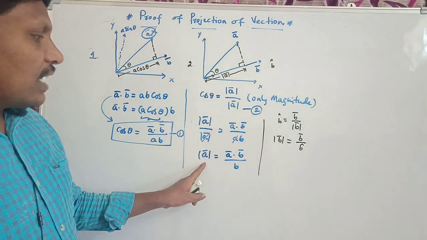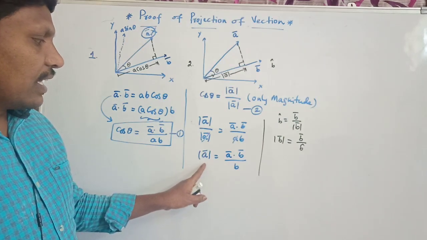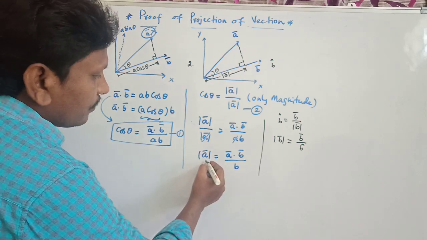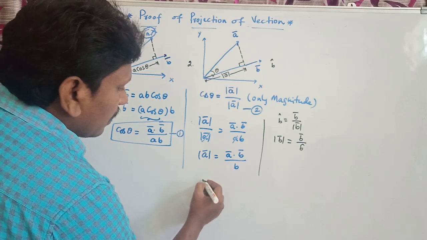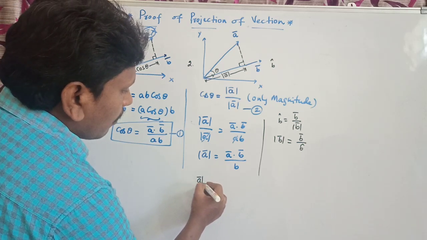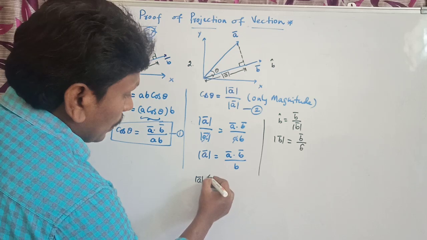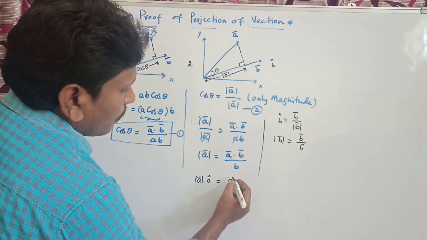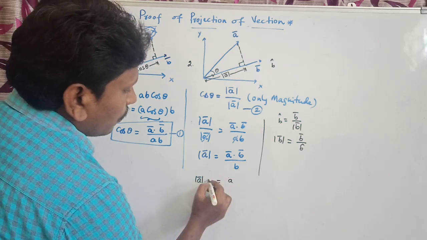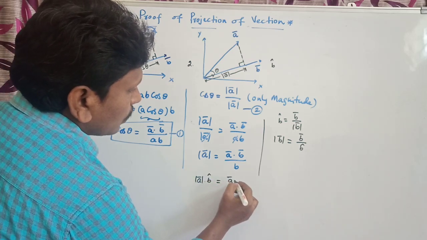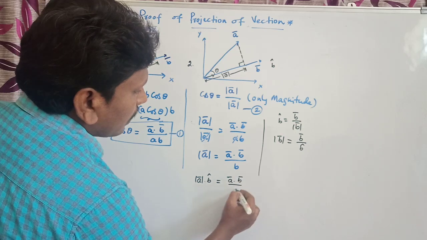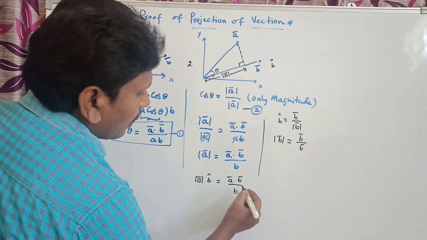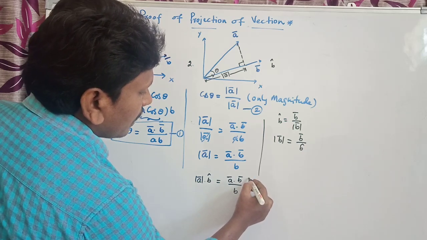In the same way, now I am multiplying mod a bar into b cap, which is equal to a bar dot b bar by b, into b cap.